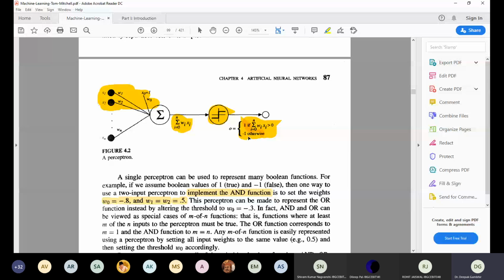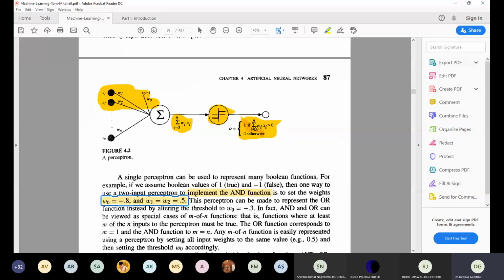Otherwise it is minus 1. So if you give it 1 1, then only this will result in 0.5 plus 0.5 as 1, and the weight is multiplied by 0.8. So that would give you 0.2, which is more than 0. For all other values, you will get the negative value of summation Wi xi.